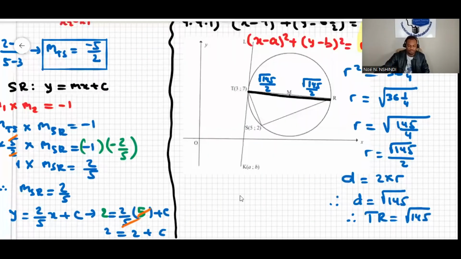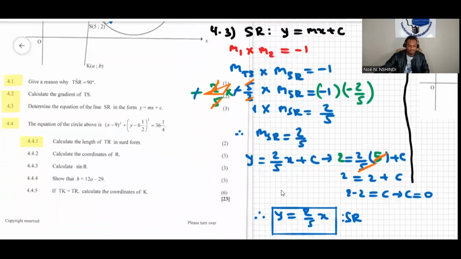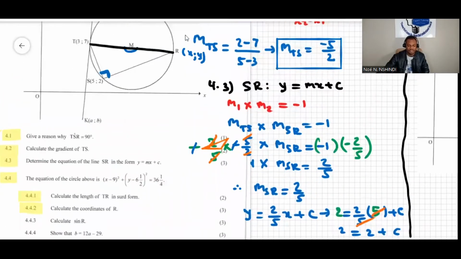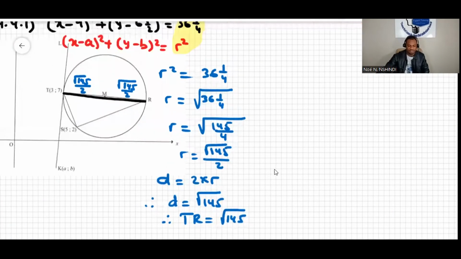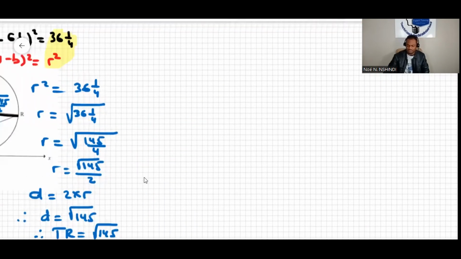Now the next question, question 4.4.2, says calculate the coordinates of R. So the coordinate of R is this one. I'm going to move my board like that.